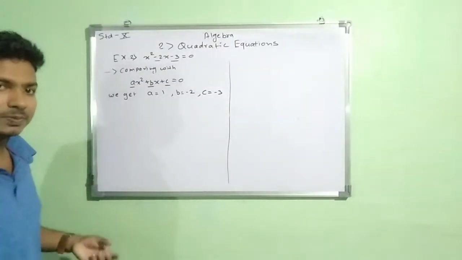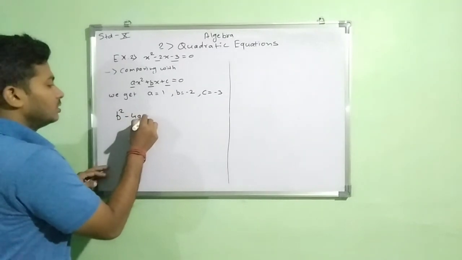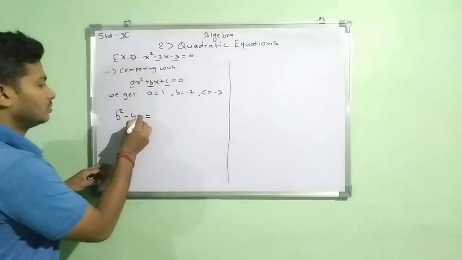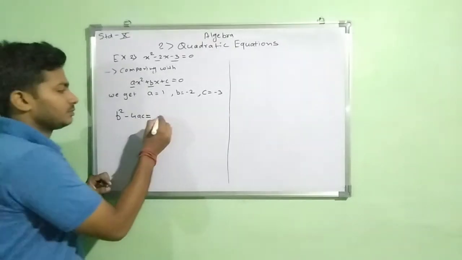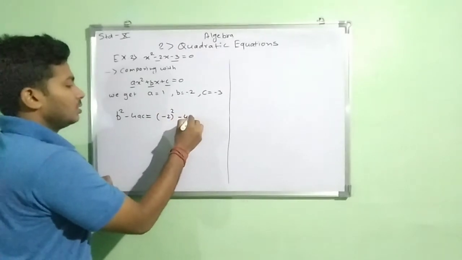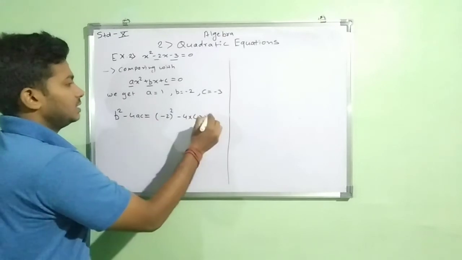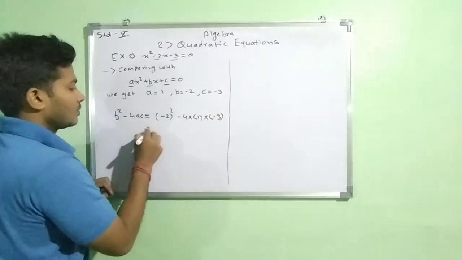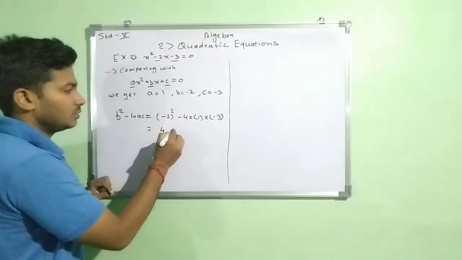Now we will find the value of b square minus 4ac, which is equal to, we have to just simply substitute the values. So minus 2 bracket square minus 4 multiplication, value of a is 1, value of c is minus 3. So square of 2 will be 4 and the square of a negative term is positive, we know.